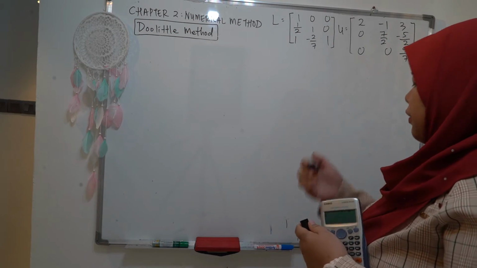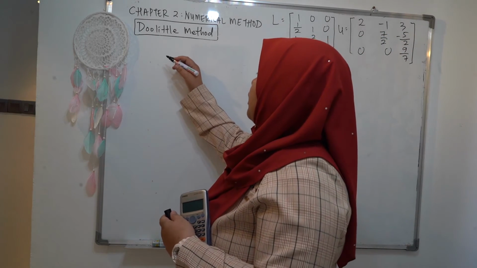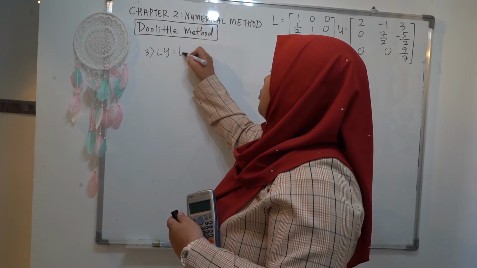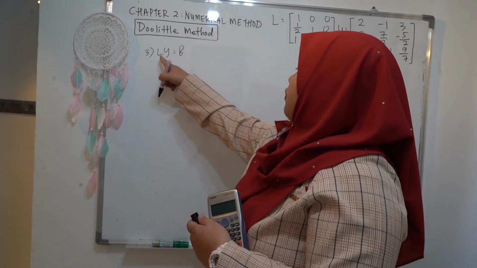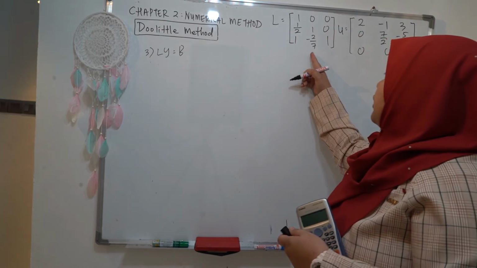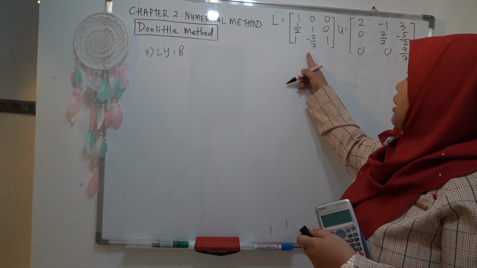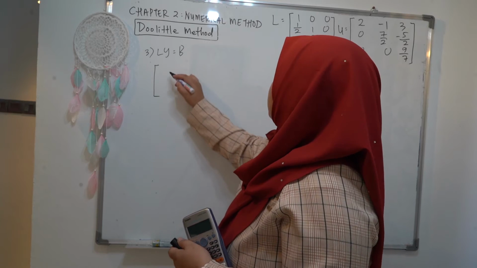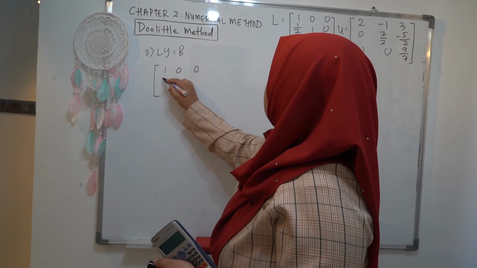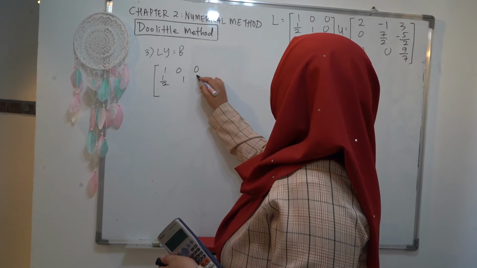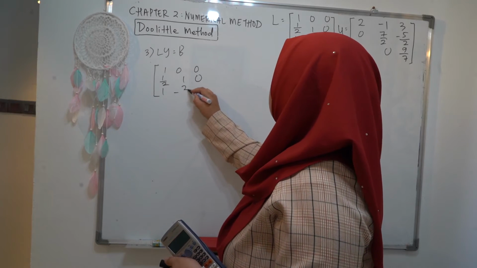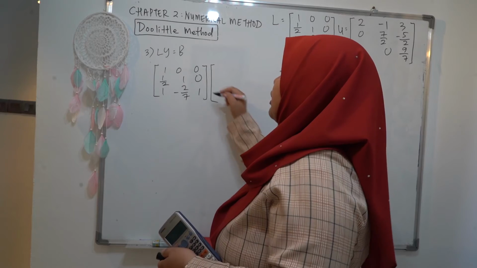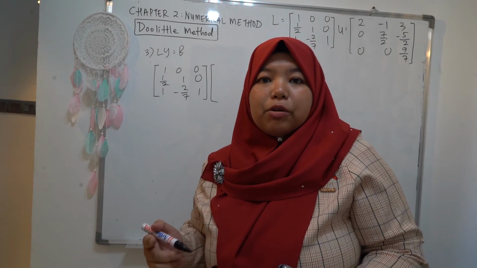Step 3 is Ly equal to B. For the matrix L, we already have the complete matrix L, so I just copy here. How about the matrix Y?